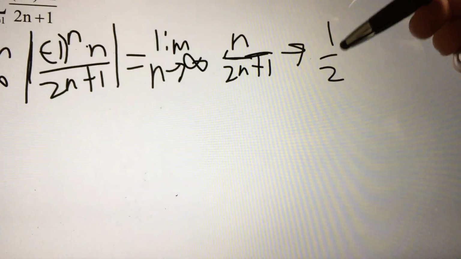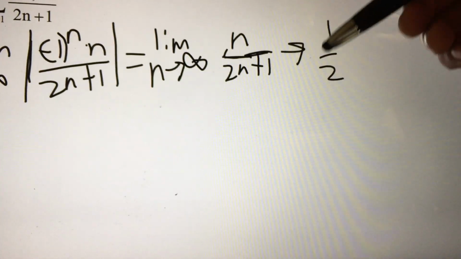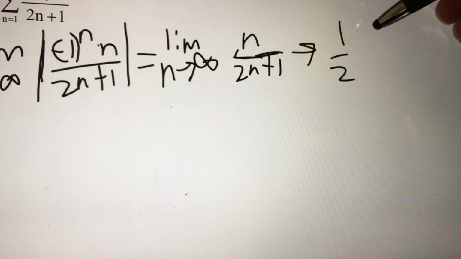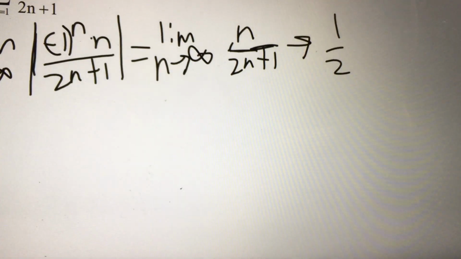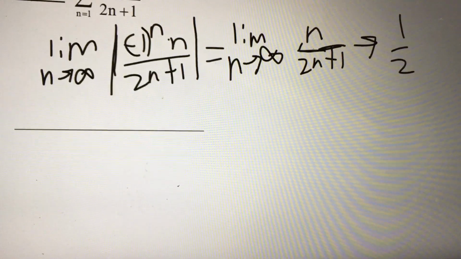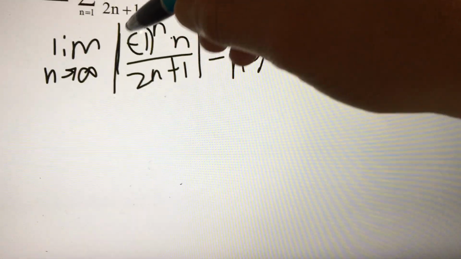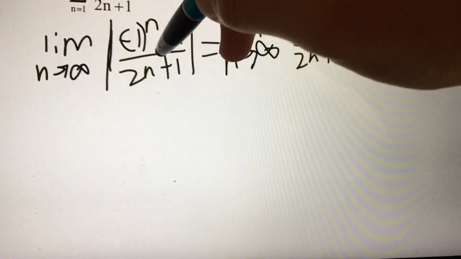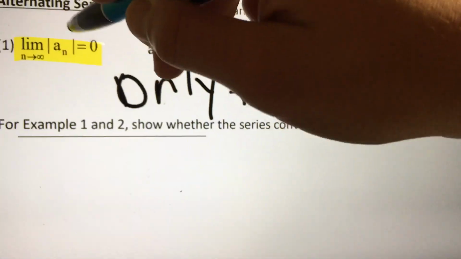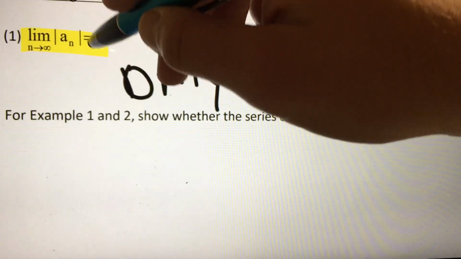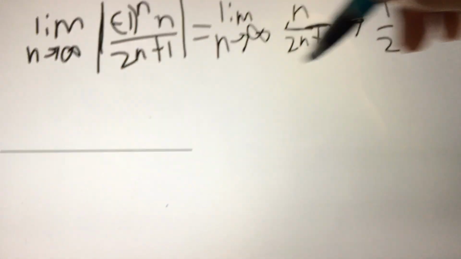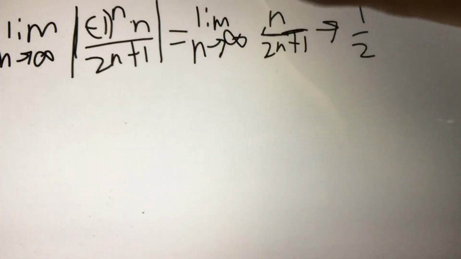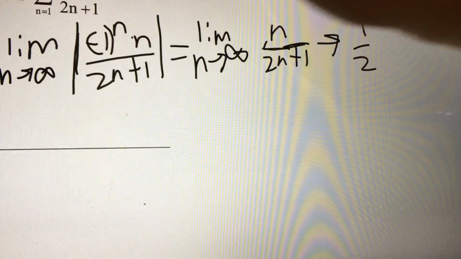Now this fails because it's not 0. Remember, this is the series a sub n, regular a sub n in absolute value, but it's not the absolute value of a sub n. Remember, what we're looking for is that the limit equals 0. But because it ends up being 1 over 2, this does not converge.